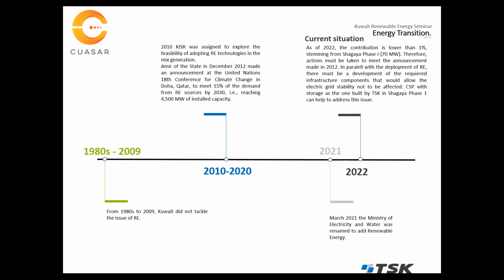We think CSP plants are a very good solution to address this issue, since with current technology, as Jorge explained, we are able to produce energy for 10 hours during the night, allowing grid stability.